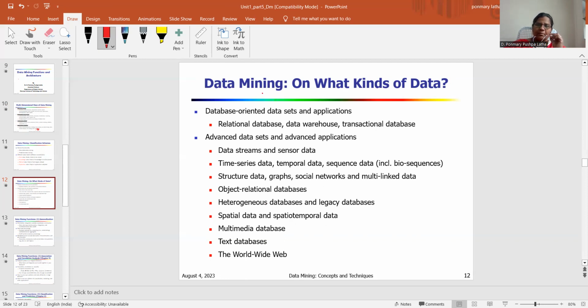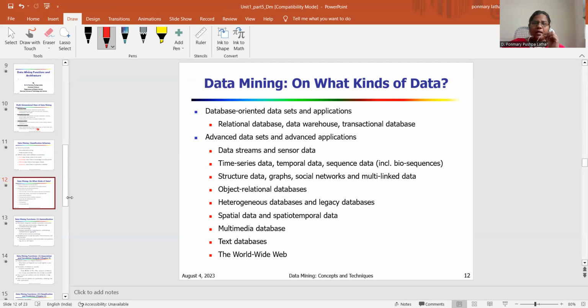You can go with the normal relational database, or the time series data, or the transaction data.